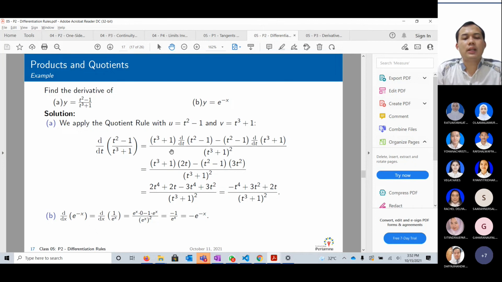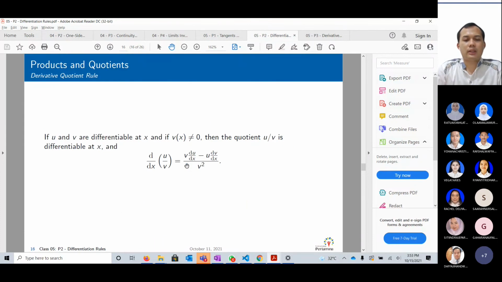Maka dengan aturan pembagian kita punya penyebut dikalikan turunan pembilang terhadap t. Ya, jadi kita punya t pangkat 3 plus 1 kali turunan t kuadrat min 1 dikurangi pembilang dikalikan dengan turunan dari penyebut. Kemudian semuanya dibagi dengan penyebut kuadrat. Jadi seperti ini.